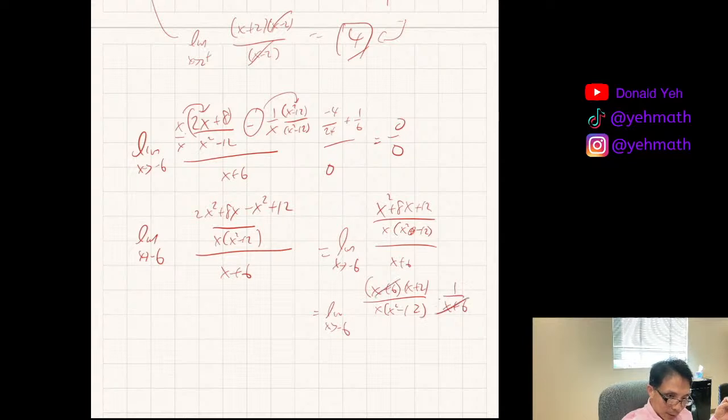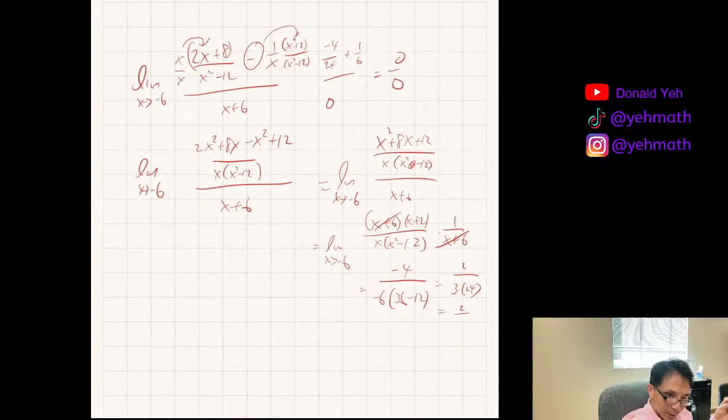And then plug in negative 6, so it's going to be negative 4 over negative 6 times 36 minus 12. That's equal to positive 2 over 3 times 24 and 2 over 72, 1 over 36.